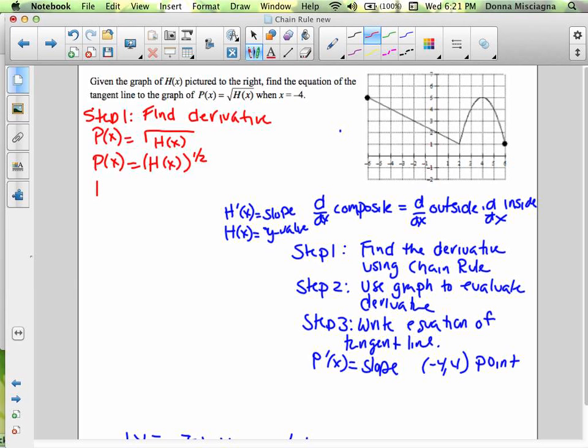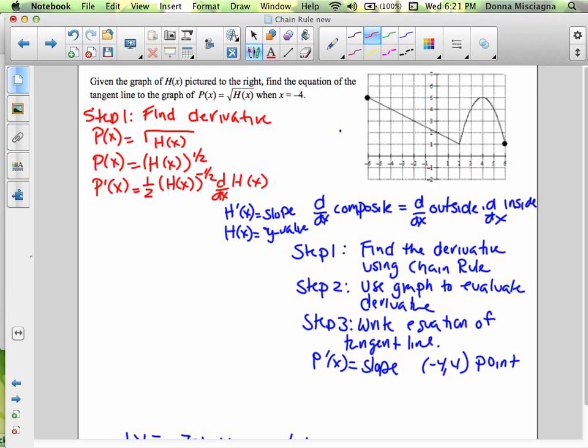Now p prime of x is going to be 1/2, using the power rule, 1/2 times h of x, and then the exponent decreases by 1. And then we need to multiply that by the derivative of h of x.